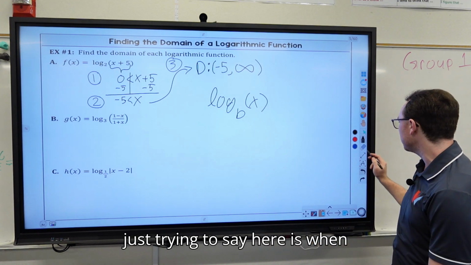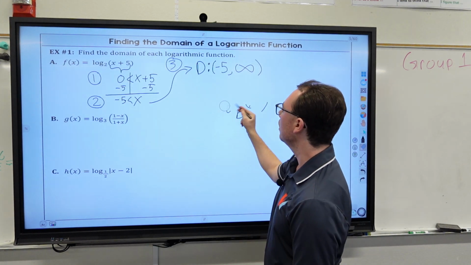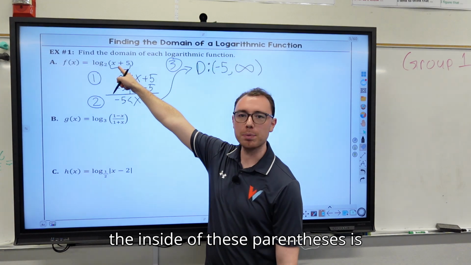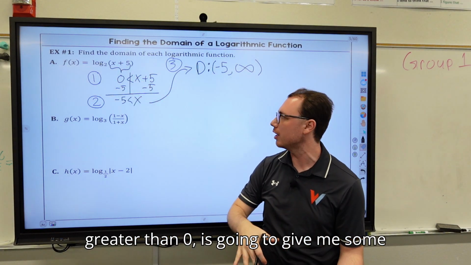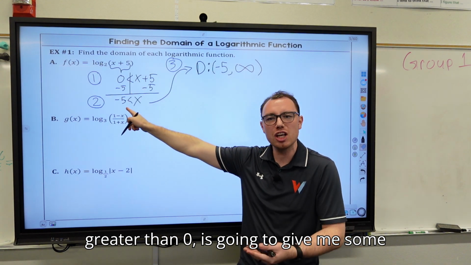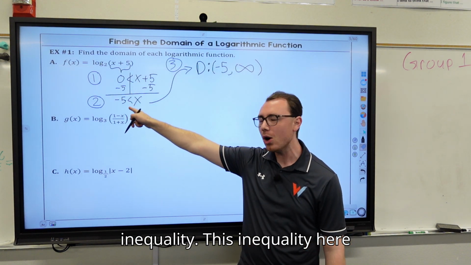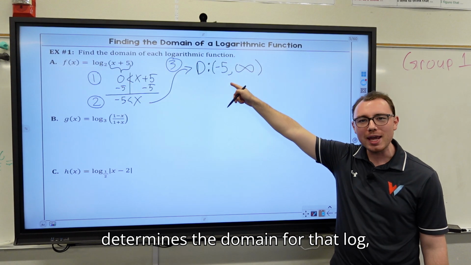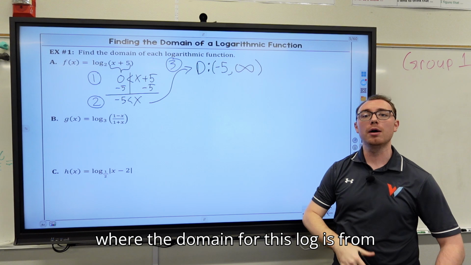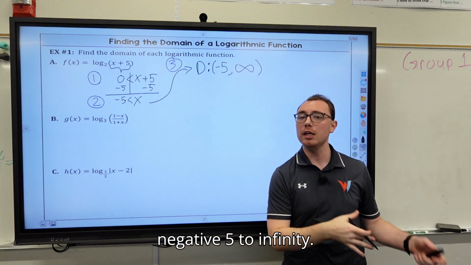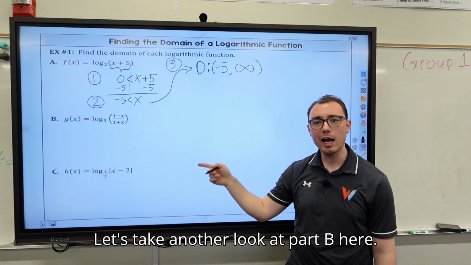So really, what I'm trying to say is that when the inside of these parentheses, x plus 5, is greater than 0, that gives me an inequality. This inequality determines the domain for that log, where the domain is from negative 5 to infinity.